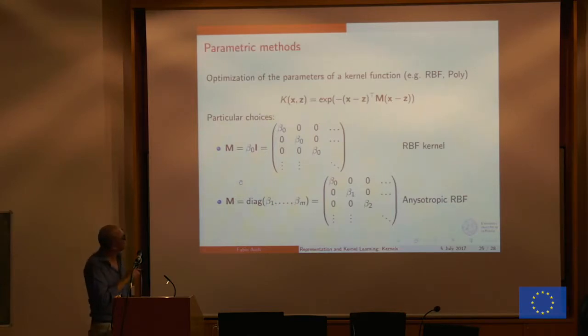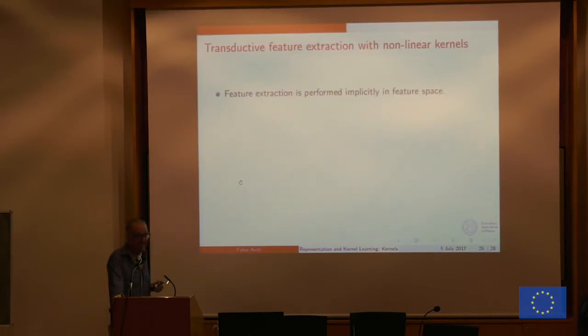So the idea of kernel learning in this case is to learn these coefficients in a way to optimize some criterion, for example, to maximize the SVM margin. So this is the idea.